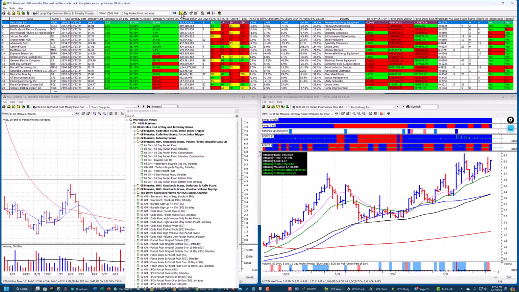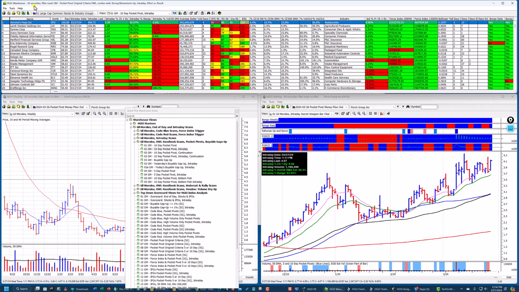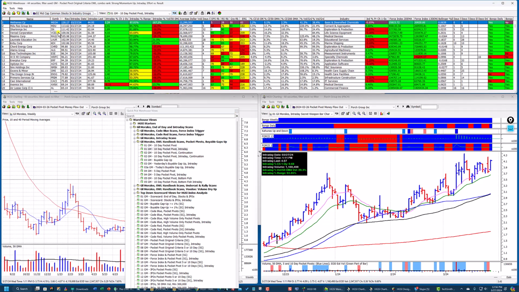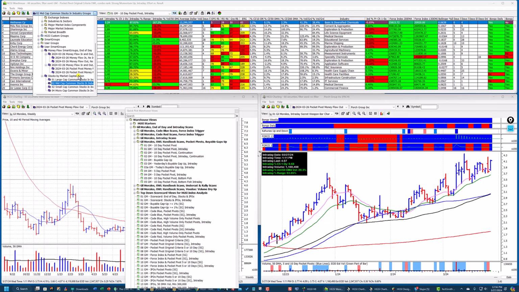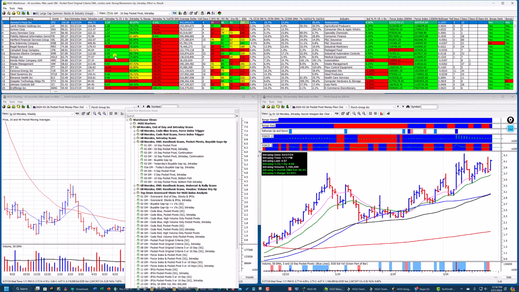And if I apply the filter right here, you can see that 36 of these had the pocket pivots yesterday, and this is what's happening with them intraday. Large cap, mid cap, and so on. But I find these very useful if you want to limit what you're looking at as far as capitalization.